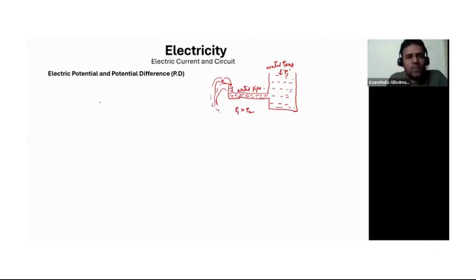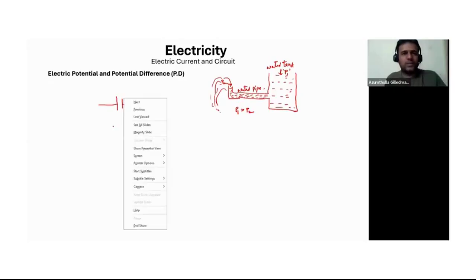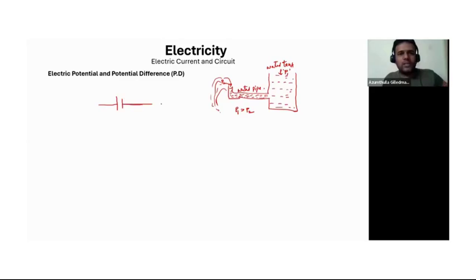So I have a battery here. Let's say this is my battery. If the battery is connected to the terminals, then what will happen? There is a current carrying conductor and let's say there is a bulb here.